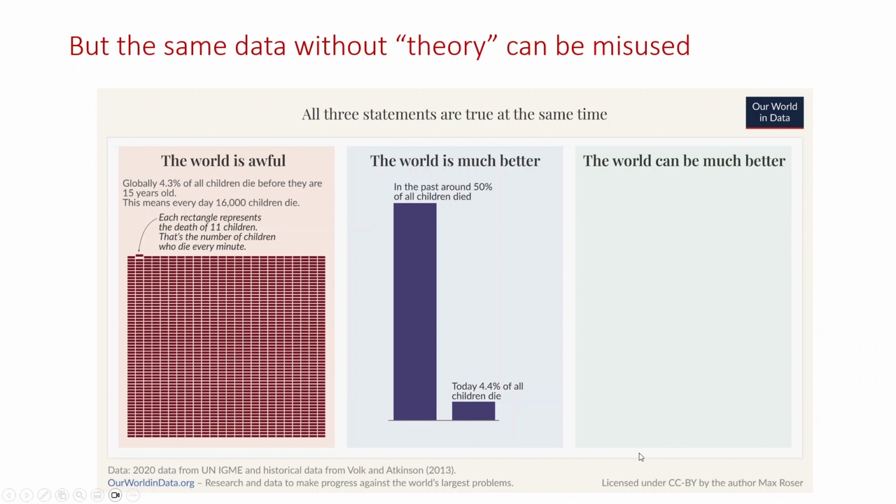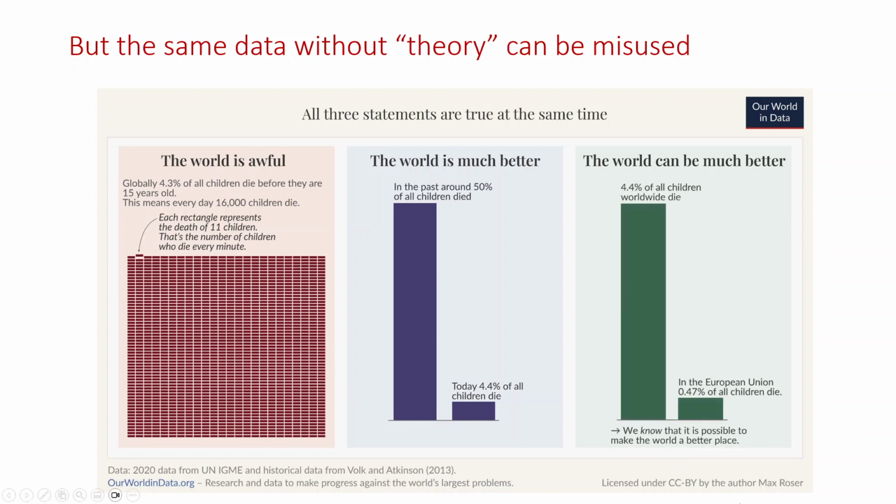So a third statement becomes, the world can be much better. It is true that 4.4% of children worldwide die. But in the European Union, it's 0.47%. Less than 0.5% of all children die. So the world can be better.